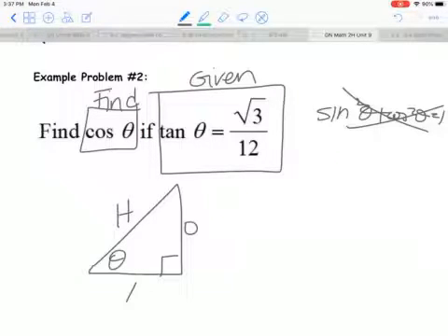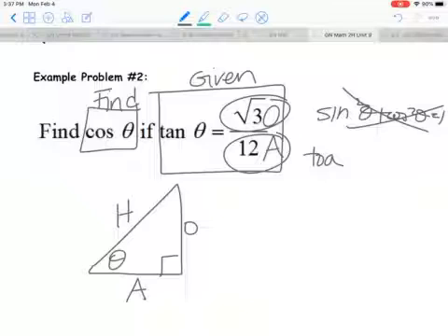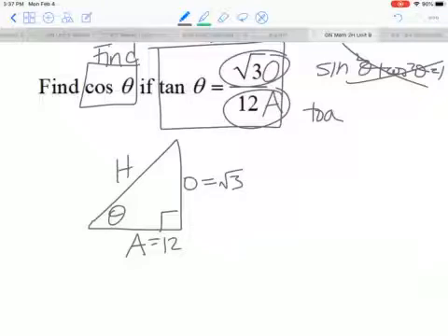Mark HOA. Now tangent, remember TOA, was O over A. So O and A, we actually know. And cosine is A over H from SOHCAHTOA.